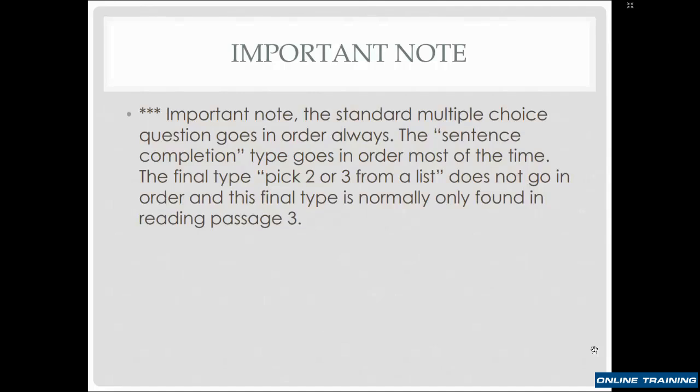The sentence completion type goes in order most of the time, and the pick two or three from a list is really not about going in order. That last one is really difficult to manage. But the first two, the standard and the sentence completion, are fairly straightforward to do.